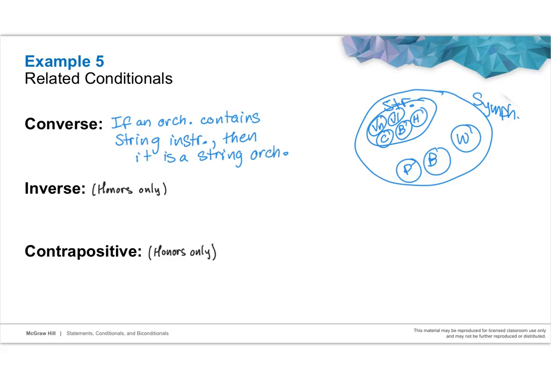So if we look at the work over in the Venn diagram here, we would say that this would be a false example because over here, this could be a symphonic orchestra, which contains string instruments, but it might not be a string orchestra.